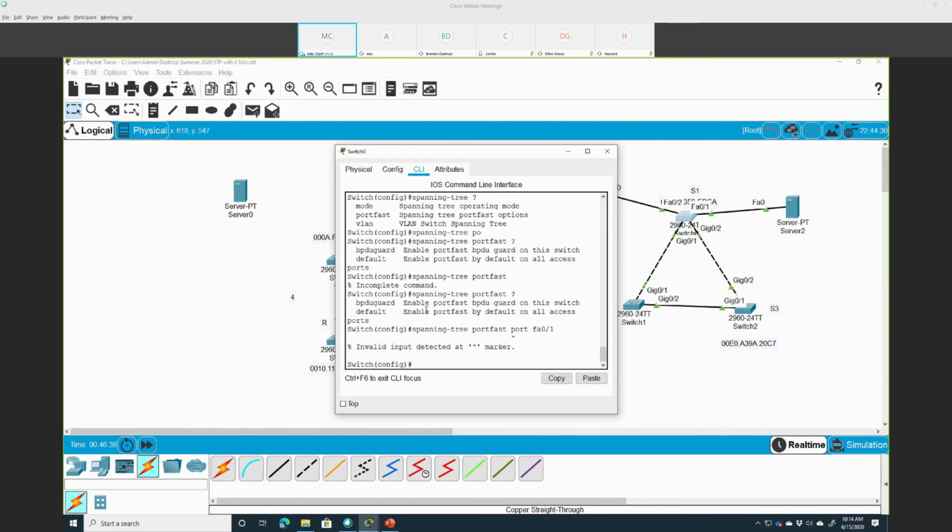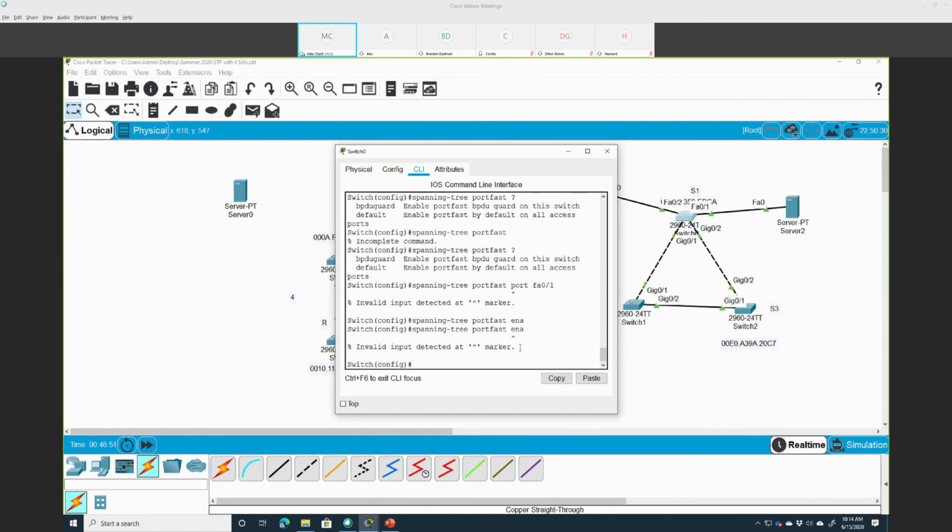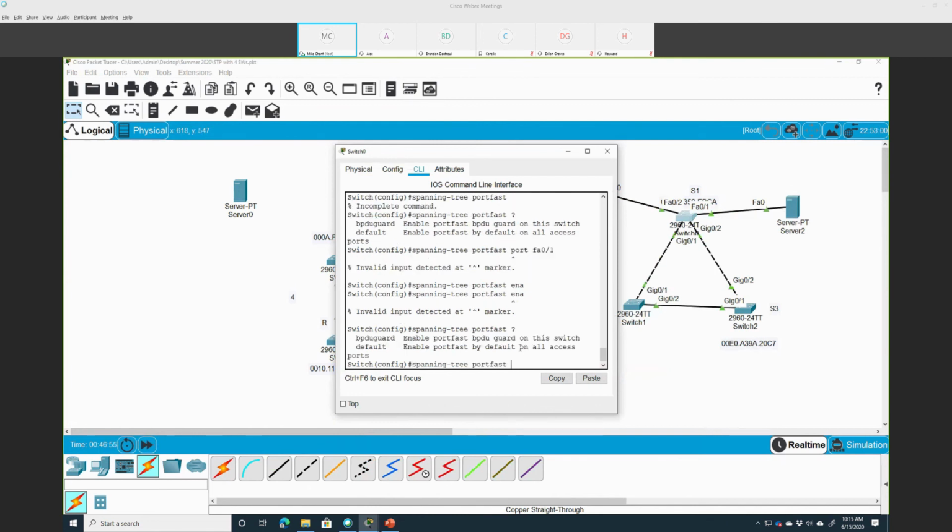Spanning-tree portfast, BPDU guard, and this is enabled by default. Yeah, enable. So that's what you need to do. Enable portfast by default on all access ports.